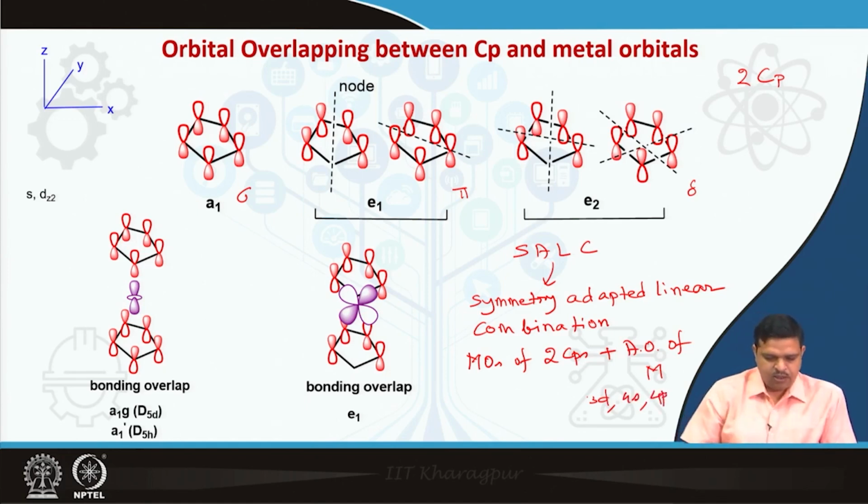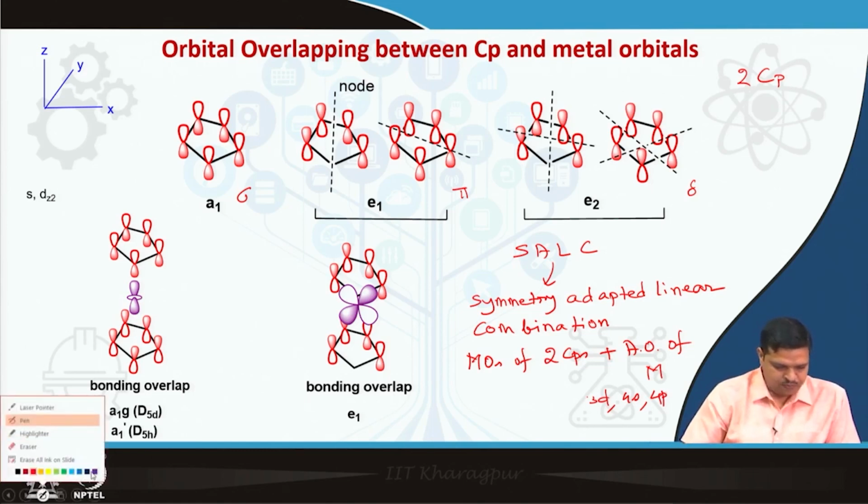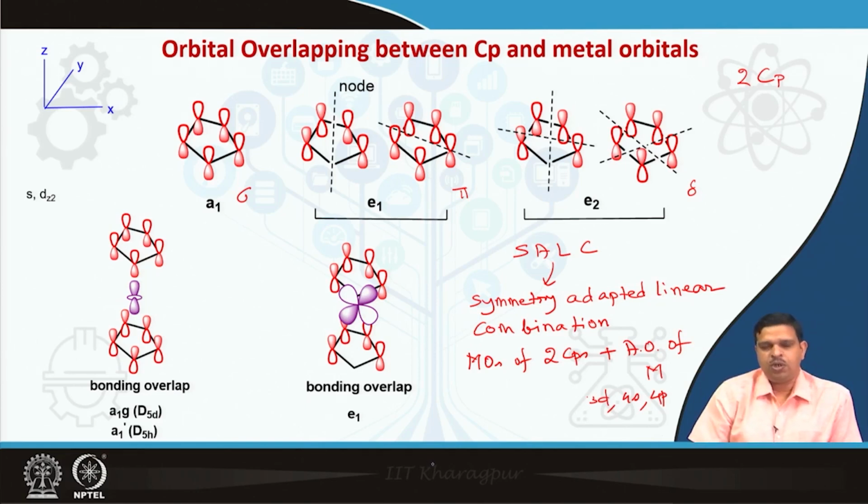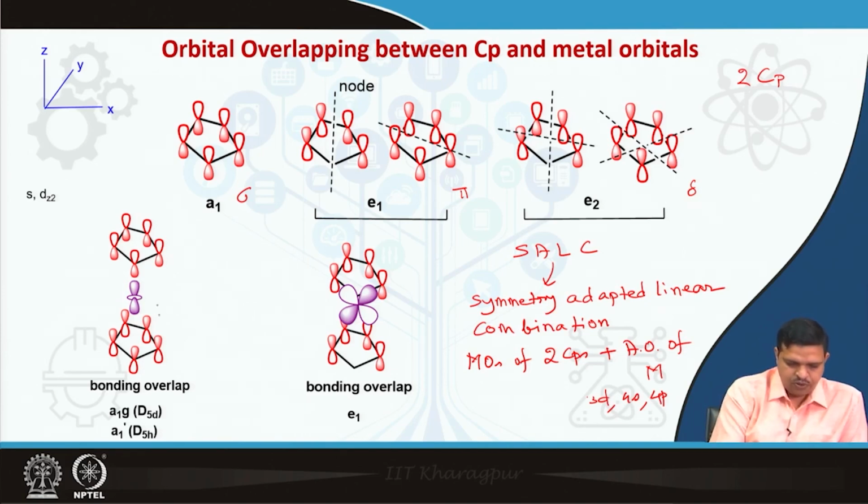Just to refresh, as I told you, the molecular orbitals are very similar for the eclipsed and staggered conformation of ferrocene, but only the labeling will be slightly different. Here you will see this is the A1g, the ligand group orbital after addition of the two Cp A1.